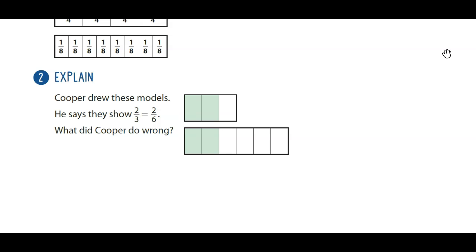So Cooper drew these models. He says that 2/3 is equal to 2/6. Is he right? What did Cooper do wrong?